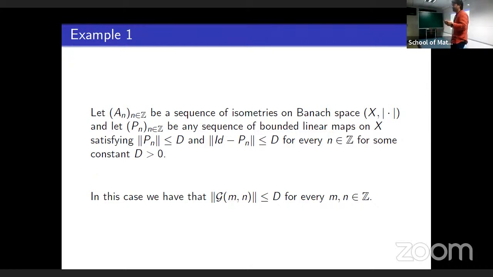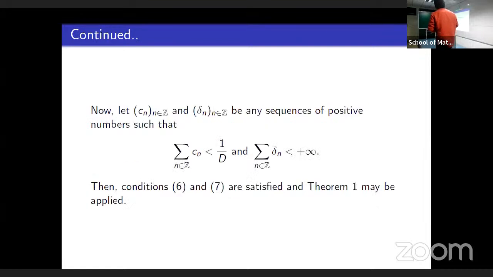There should be a statement that P is non-zero and a bounded sequence of numbers. Which is essentially trivial. So in that case, we obtain that our script operator G is less than or equal to B, and now the sequences Cn and delta n we just need to choose such that the summation of Cn is less than 1 over B and the summation of delta n is finite.